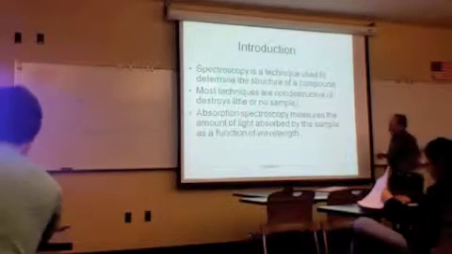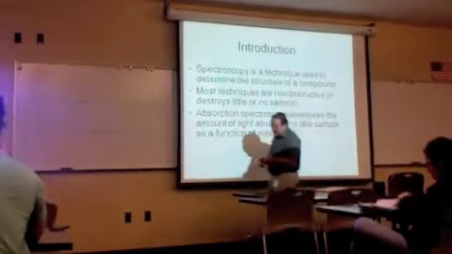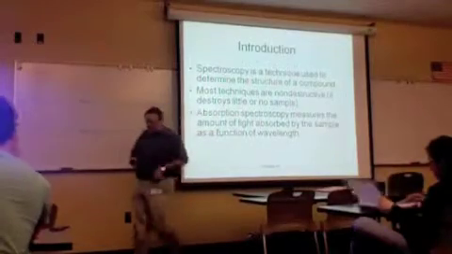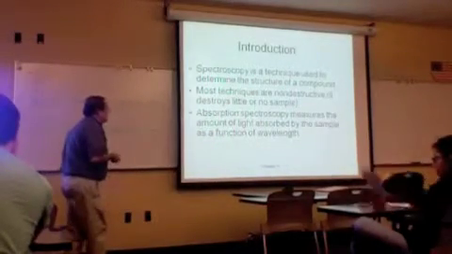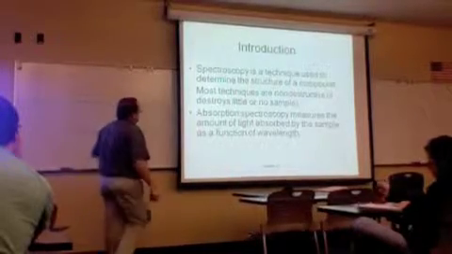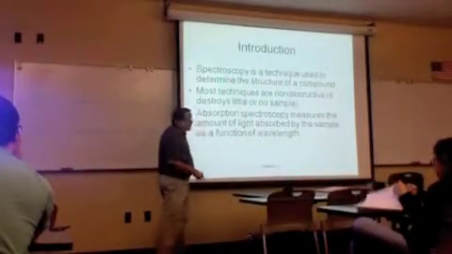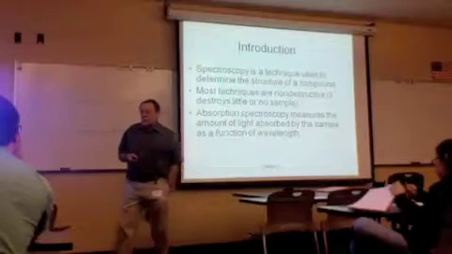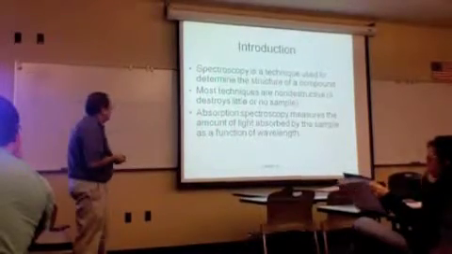Now, spectroscopy is a technique that involves interaction of matter or material or the substance under study with radiation, electromagnetic radiation. Most of the techniques are non-destructive. In other words, the sample's not destroyed in the test.